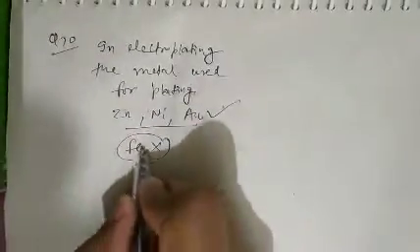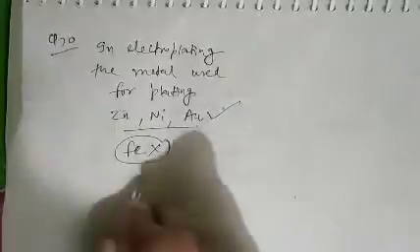So all of these metals can be used for plating. Iron cannot be used for plating, as iron starts losing electrons very easily. So question number 70, option A is correct.